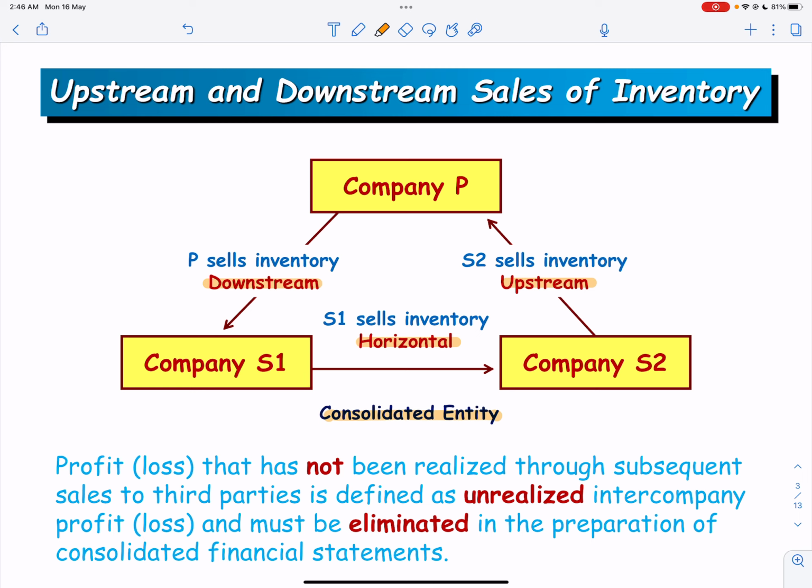Next we have unrealized profit, and profit that is not realized through subsequent sales to the third party is defined as unrealized intercompany profit. Such profit must be eliminated in the preparation of the consolidated financial statement.